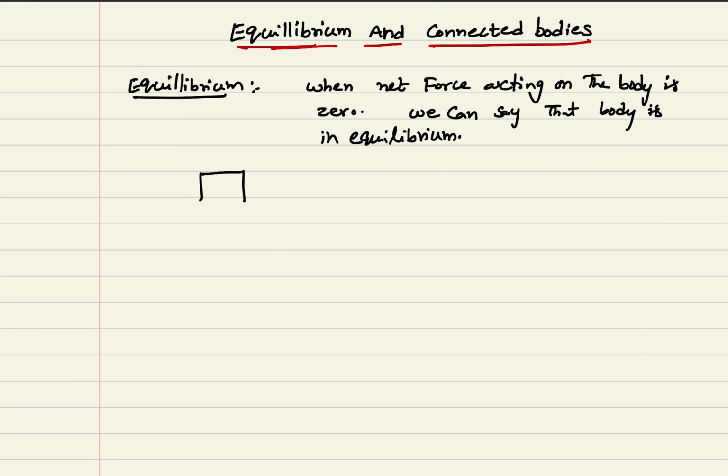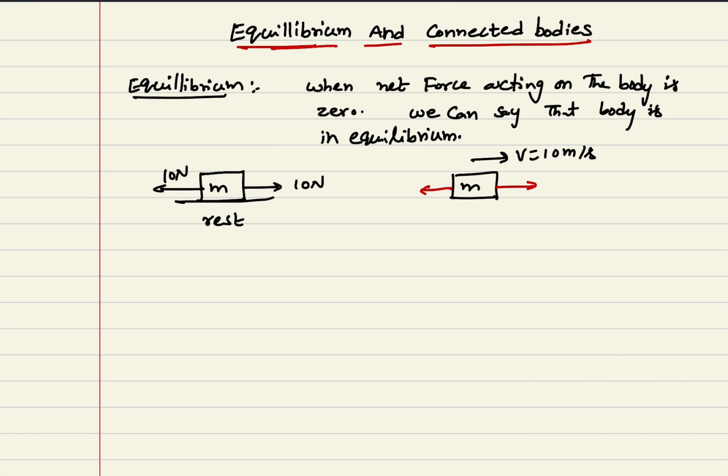You see here, I am taking a body of mass m. I am applying a 10 Newton force and a 10 Newton force. Already the body is at rest. Now let us consider a body of mass m which is moving with v equal to 10 meters per second. At the same time I am applying forces of 10 Newton and 10 Newton.